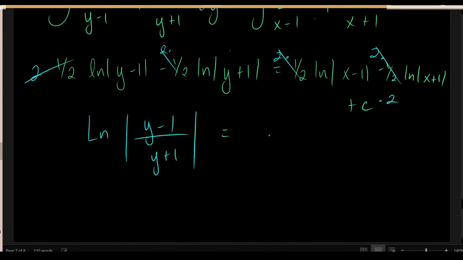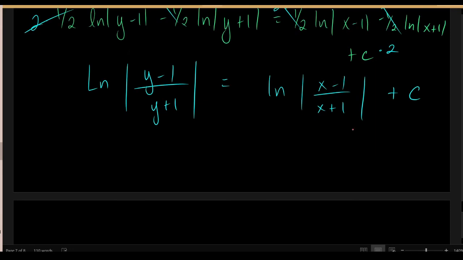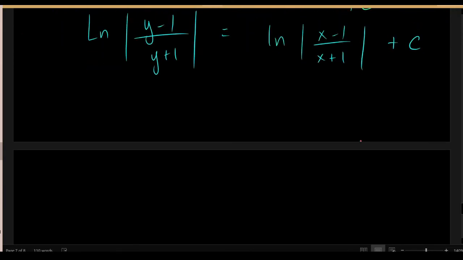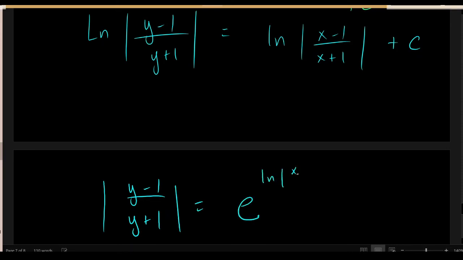And that's the same thing as the natural log of x minus 1 divided by x plus 1, plus our newly refreshed c. So now, to get rid of that natural log, let's go ahead and exponentiate both sides. So I get the absolute value of y minus 1 over y plus 1 is equal to e to the entire right side.